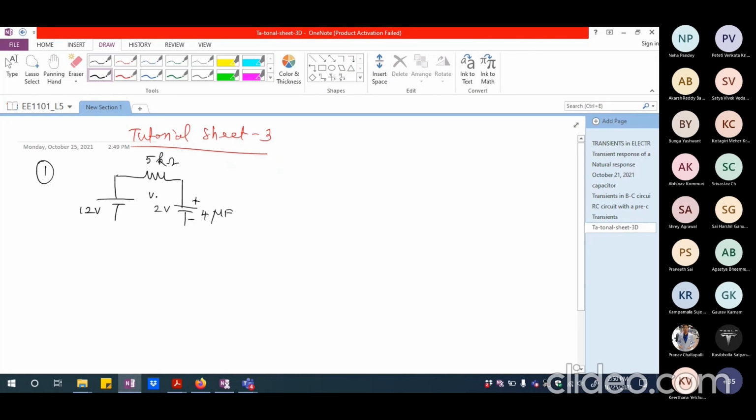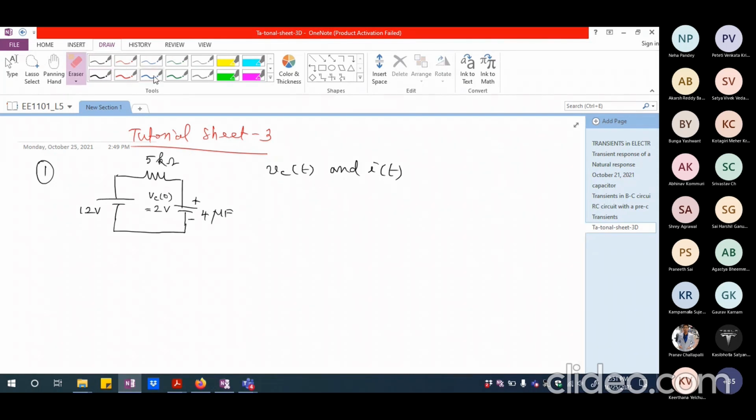So this is Vc(0). And what is being asked is Vc(t) and i(t) after t equal to 0, that is, when t is greater than 0.